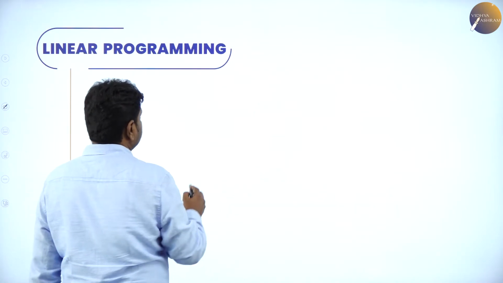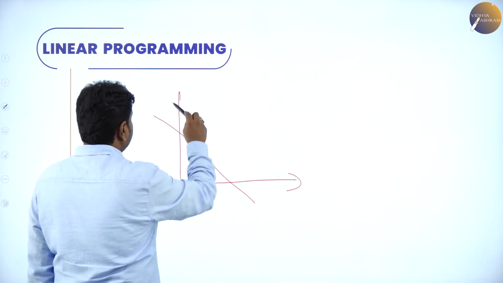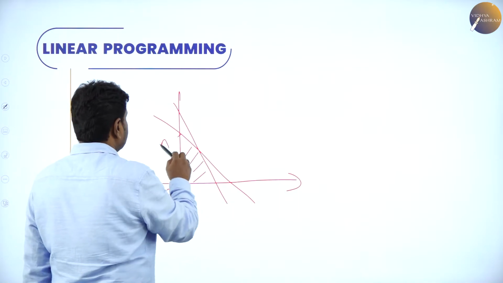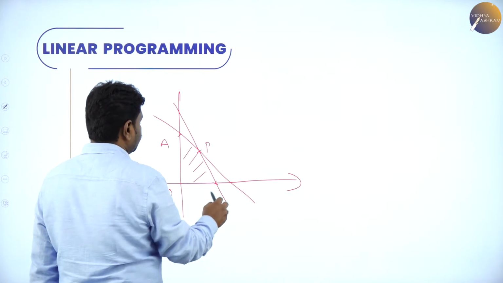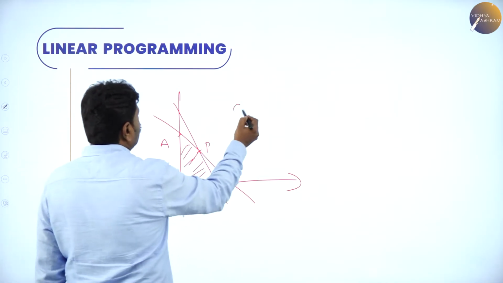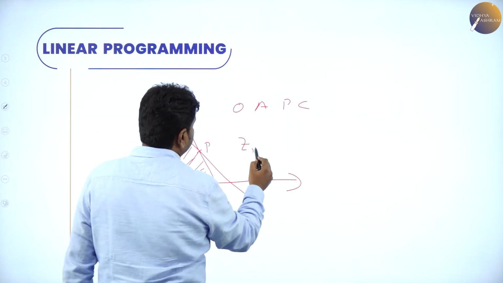The feasible region is the solution region. Suppose this is a graph and in the graph this is a feasible region. Here O, A, P, C are called corner points. Any one of these points will give the maximum or minimum.